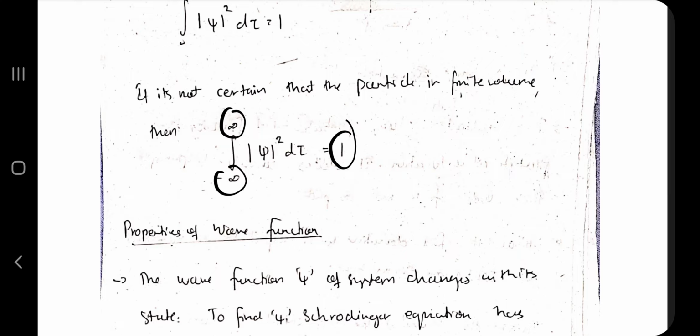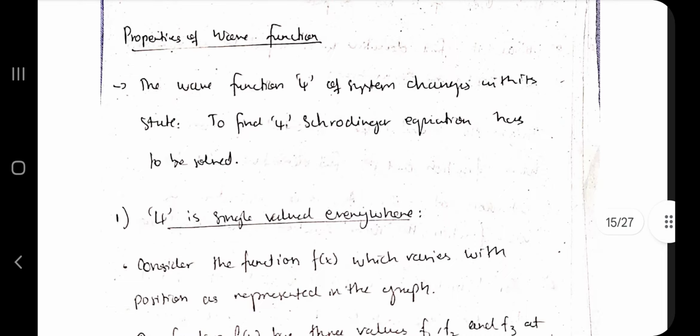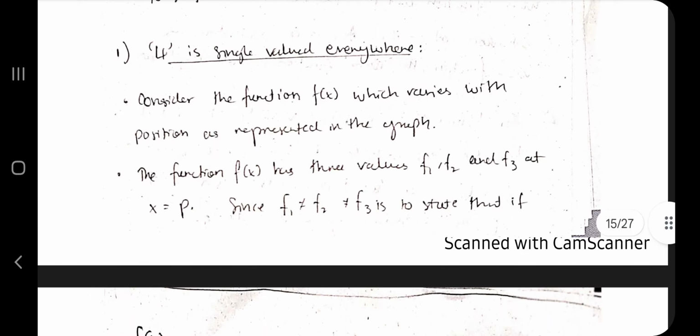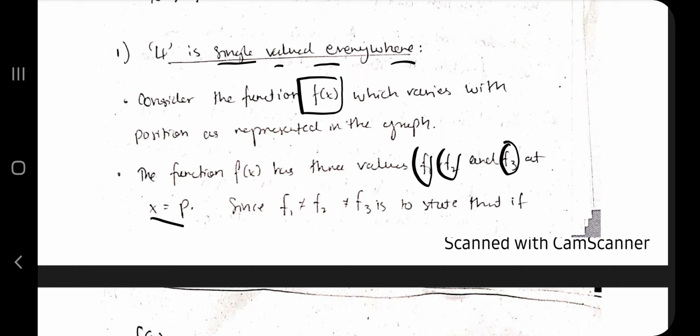Coming to properties of the wave function, there are 4 properties which we need to know. The first property is that psi is single valued everywhere. What this means is, if there is a function f of x and it is single valued everywhere, we cannot find 3 values f1, f2 and f3 at x equal to p with f1 not equal to f2, which is not equal to f3.